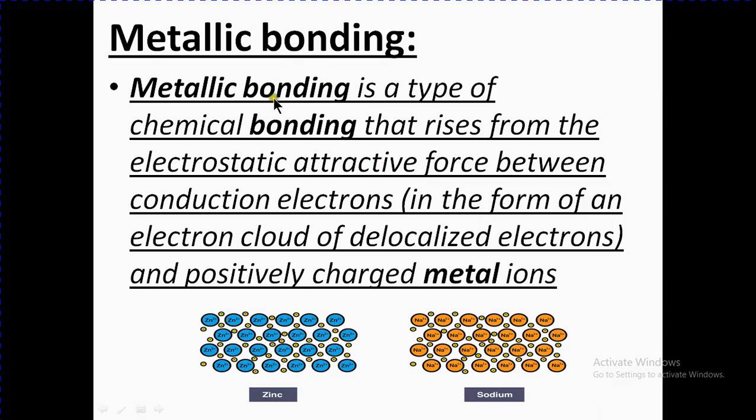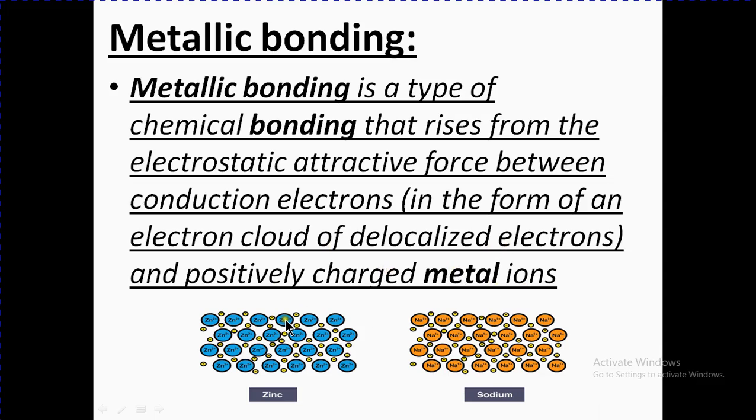Metallic bonding. Metallic bonding is a type of chemical bonding that arises from the electrostatic attractive forces between conduction electrons, in the form of an electron cloud of delocalized electrons, and positively charged metal ions.